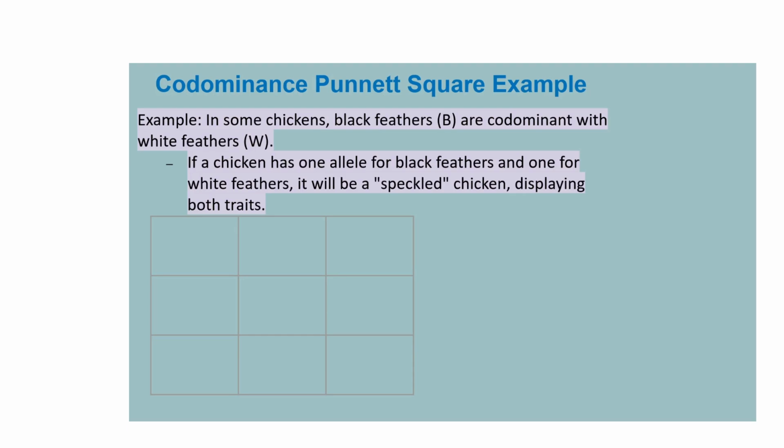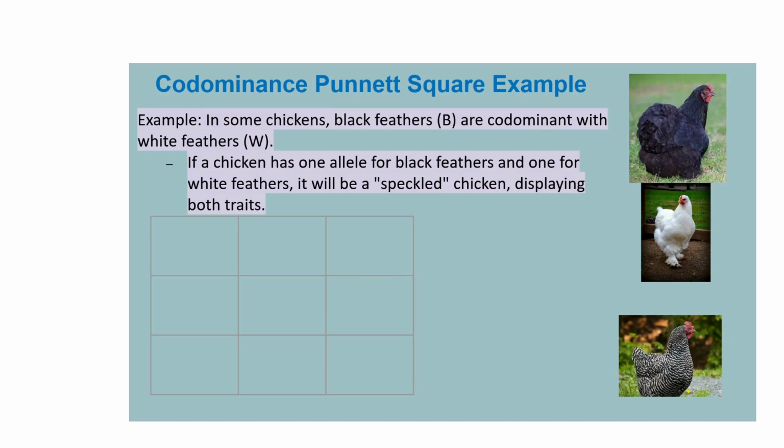So it will be a speckled chicken, displaying both traits, kind of spotted black and white. Up here you can see the chicken with black feathers, the chicken with white feathers, and here is your spotted chicken.